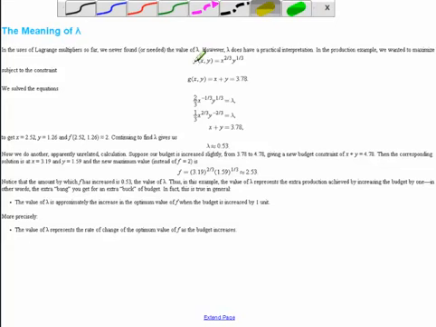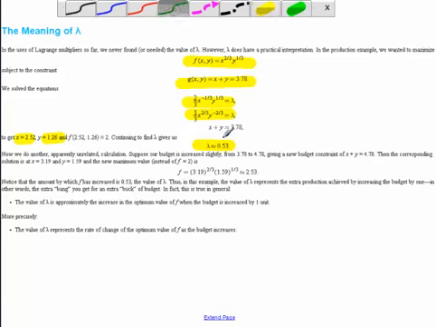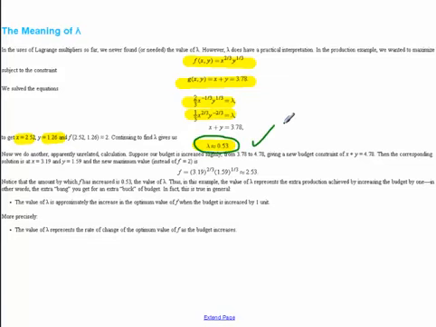So in this problem that we've been dealing with, our production that we're trying to optimize and some constraint, when we first looked at the problem where x plus y equals 3.78, we were able to find x and y, and if we were to plug those x and y values back in, we would be able to find an actual value for lambda, which is roughly 0.53.